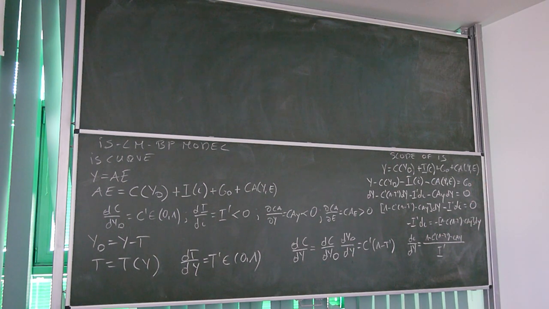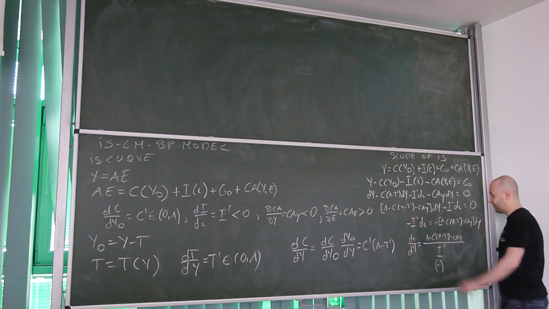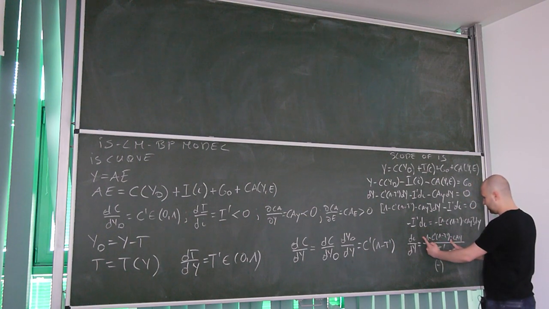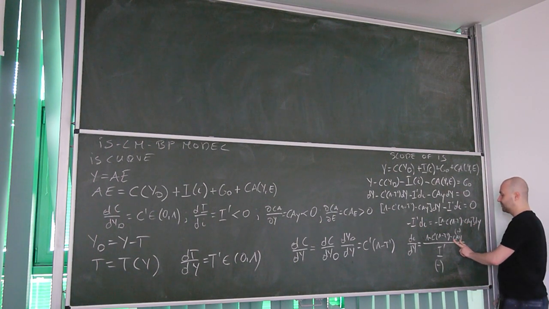The minuses cancel each other out. So this is clearly negative. This is between 0 and 1. This expression, MPC in this case is that.